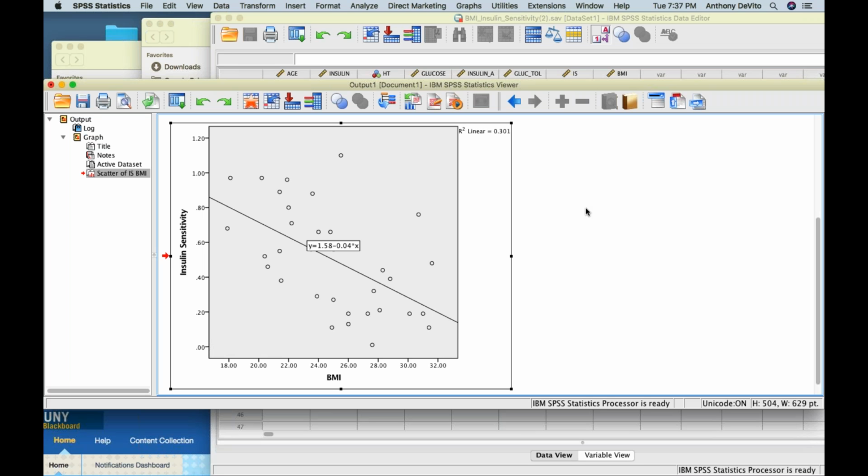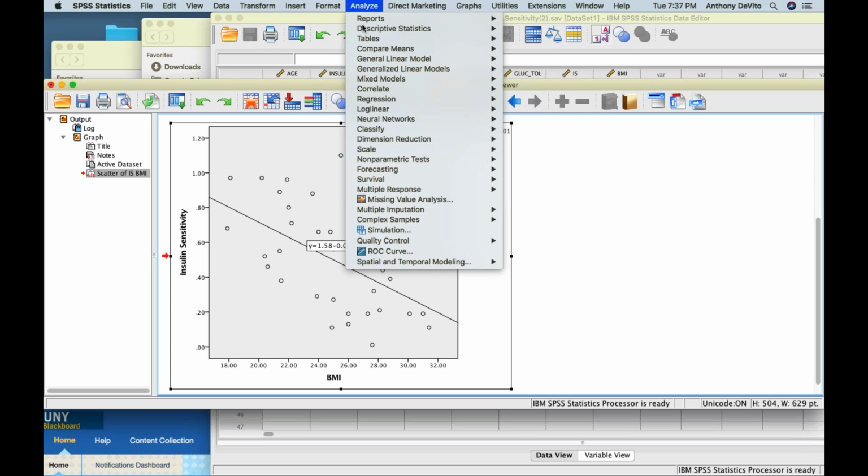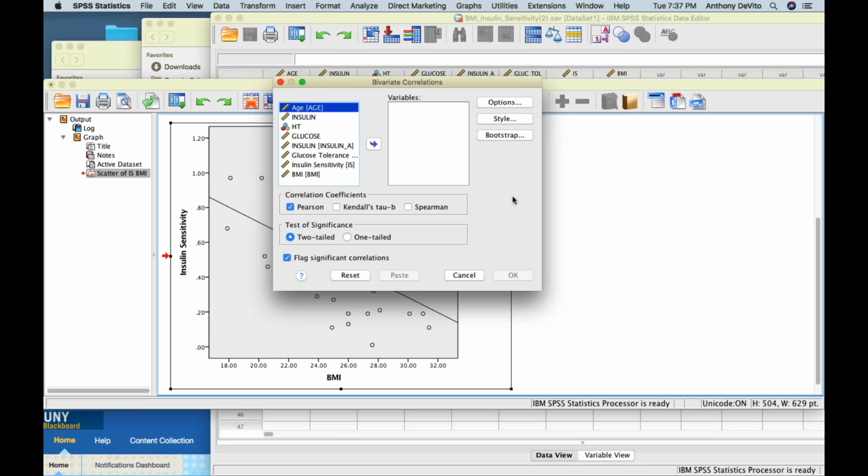So let's actually go ahead and test this. We're going to do something called Pearson's correlation, or Pearson's R. Analyze, and we actually have a choice here called correlate. Correlate, bivariate. Okay, and now we need two variables to put in, two numeric variables. I'm going to put in BMI and insulin sensitivity.